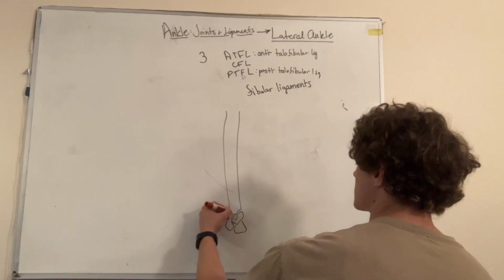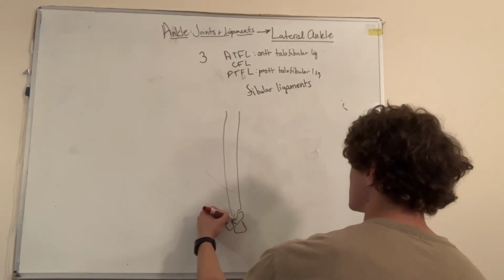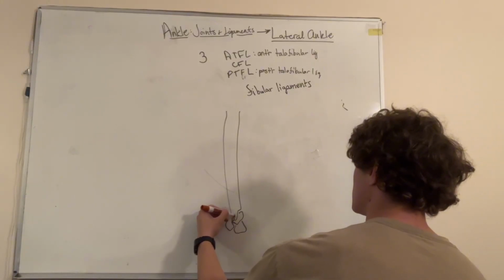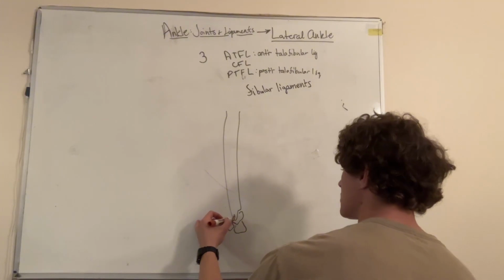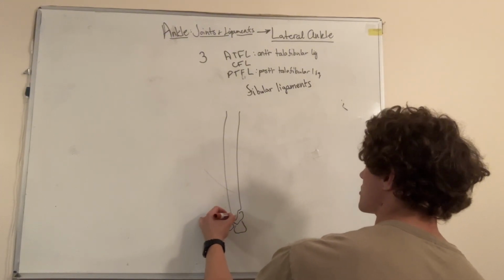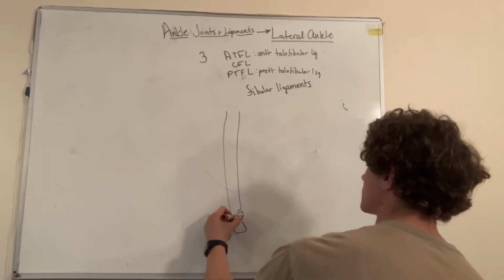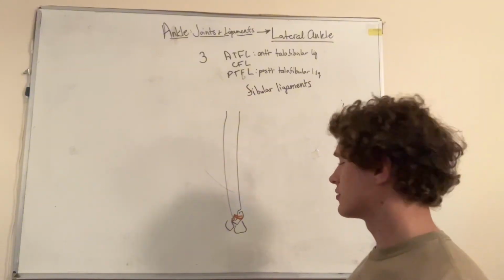Our anterior talofibular ligament is going to come down here and attach and stabilize this joint between the fibula and the talus. Next is the posterior talofibular ligament. It just runs posterior, and it also attaches to the talus. Not too difficult, not too tough.